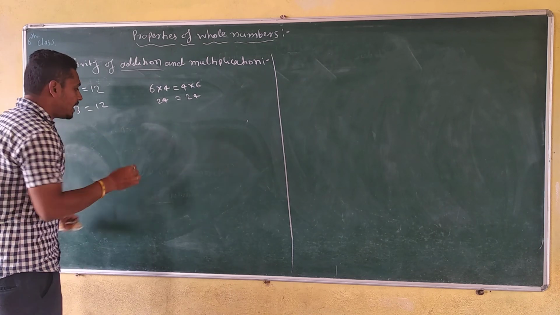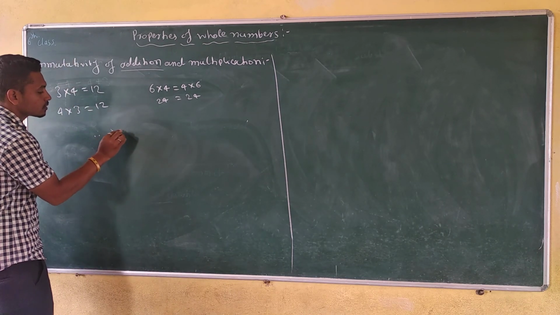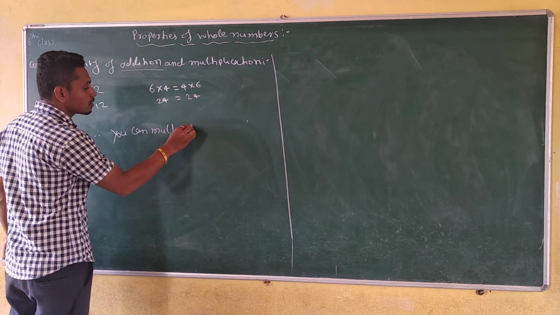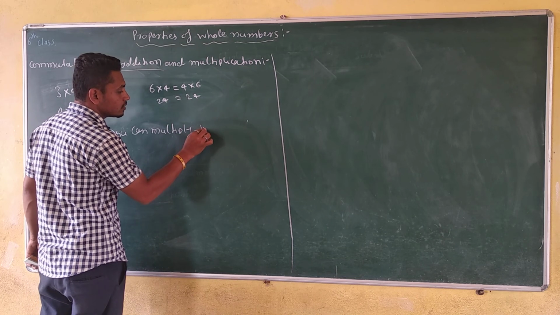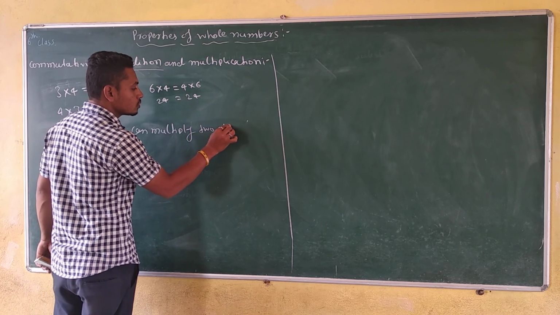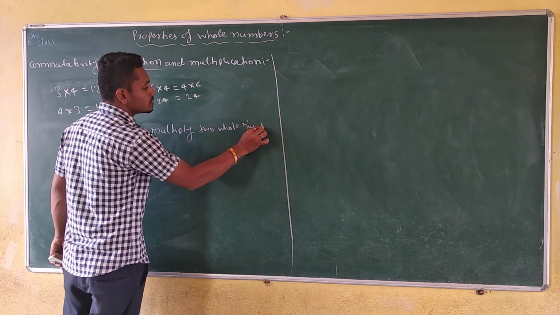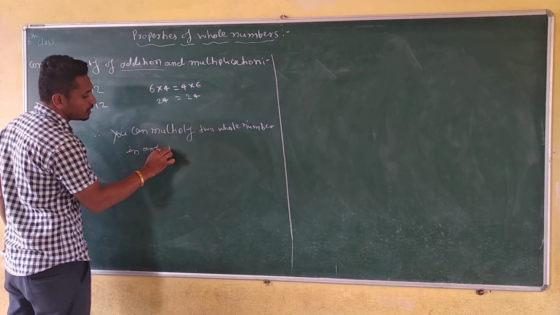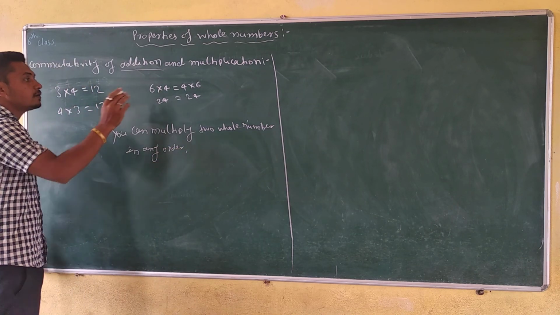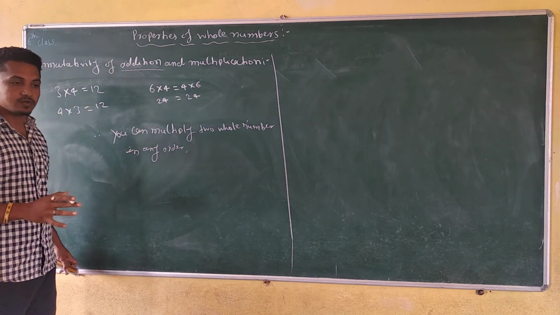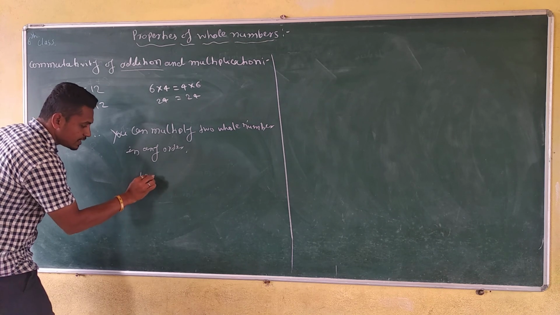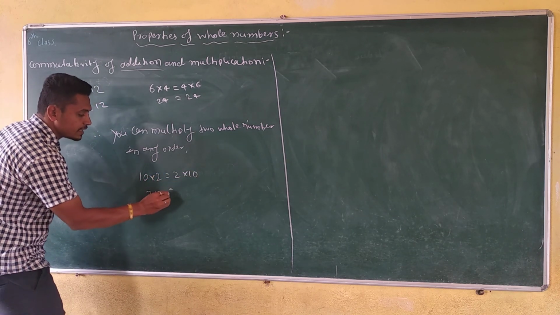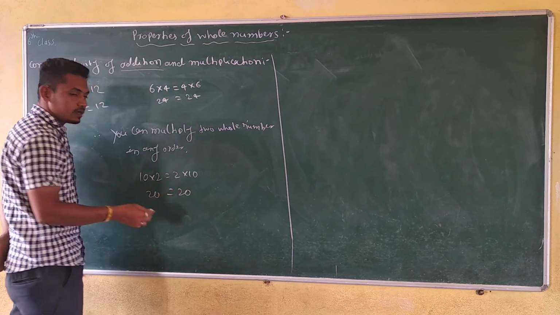We can multiply two whole numbers in any order, and their value doesn't change. Take another example, 10 into 2 is equal to 2 into 10, so 10 twos are 20 and 2 tens are 20.